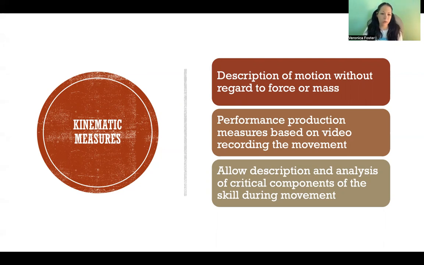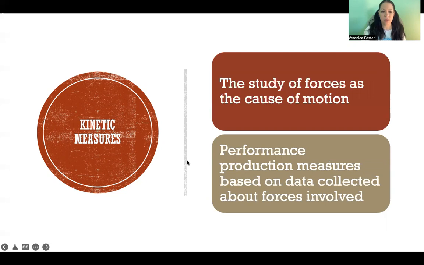So there may be a specific movement where we watch the video or we watch it live and say, oh, they're dropping their elbow, or they need to have a little bit more arch in their spine, or whatever it is. So we can observe the way that the movement is actually executed and correct those critical components to improve execution of that skill. So that would all be a kinematic analysis.